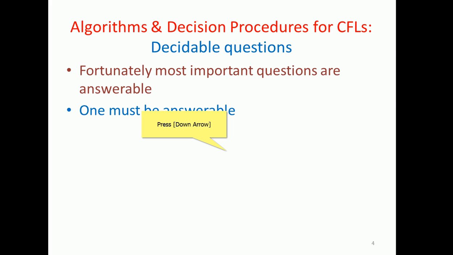Answerable questions may be turned into decidable questions. Not answerable means undecidable. Most of the authors say that not answerable is undecidable. So answerable is solvable. Some of the problems are answerable, in other words those are solvable. Some are not answerable, so those are unsolvable.